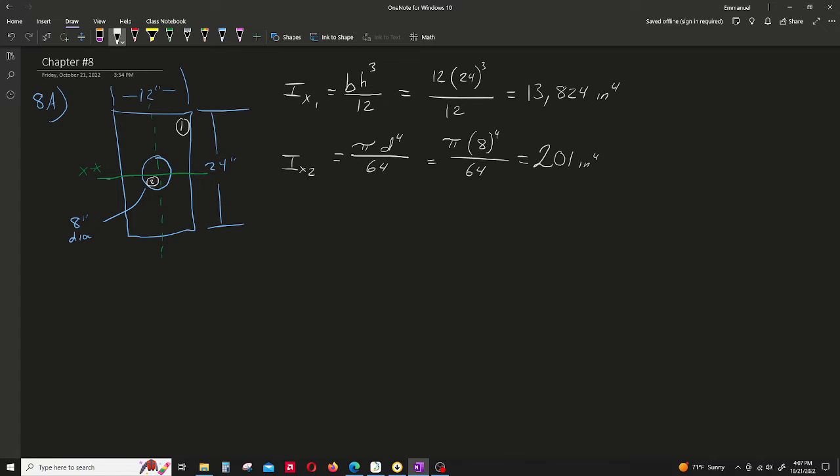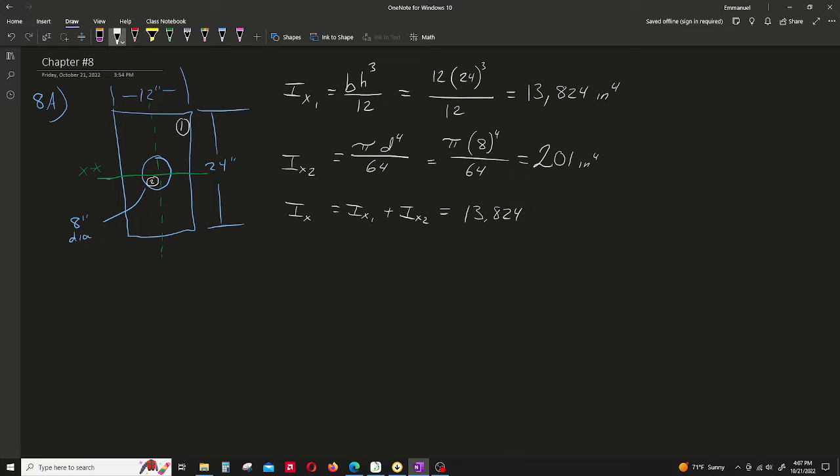So our total Ix, the moment of inertia for this entire object, is basically Ix1 plus Ix2, with Ix1 being 13,824.